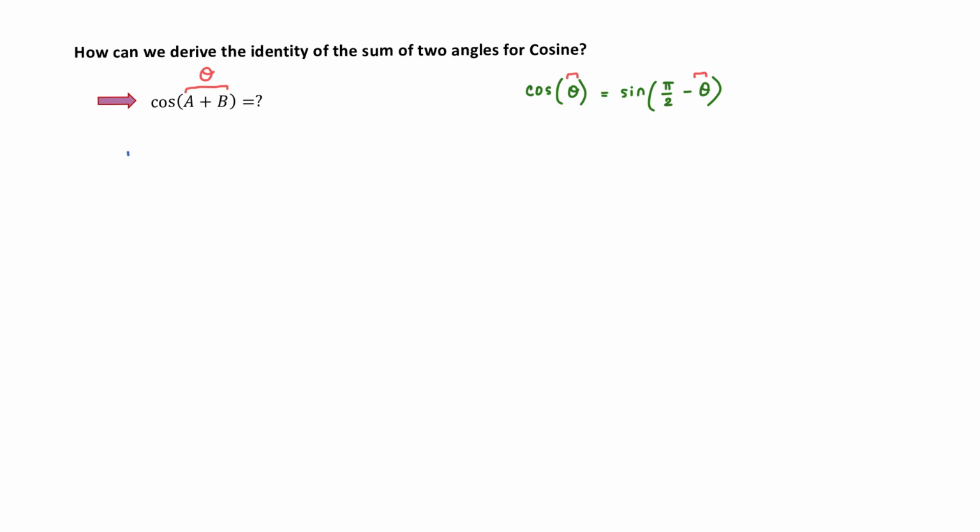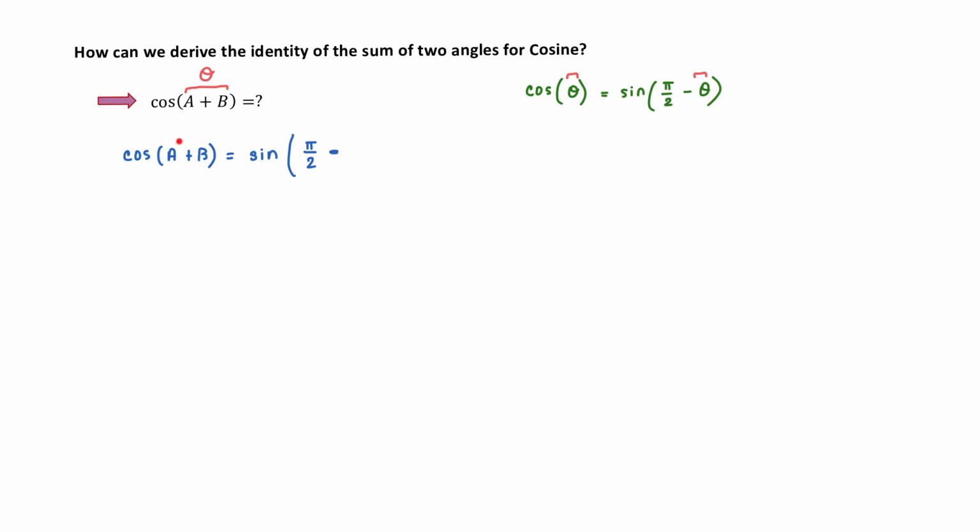So then we're going to be able to rewrite this expression, now applying the cofunction identity. We are going to have that this is equal to the sine of pi over 2 minus theta.